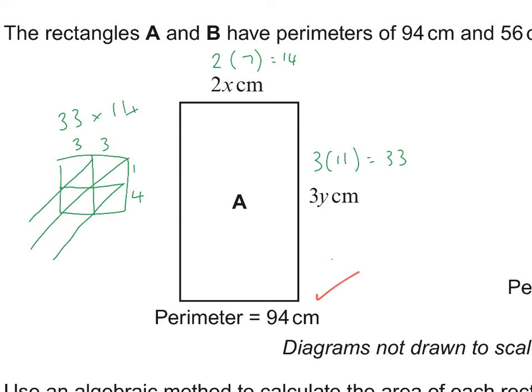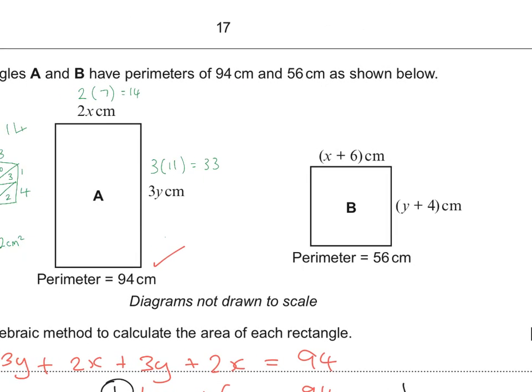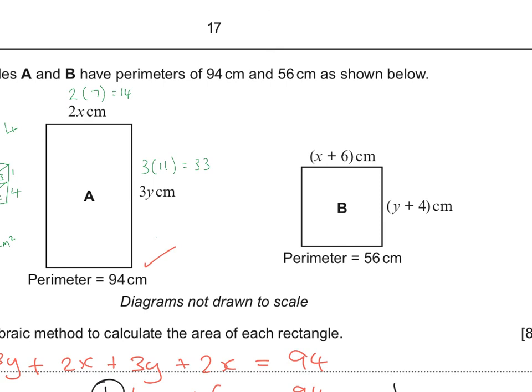So then 3 times 1 would be 3. So I write 0 up there, 3 down there. Then 12, then 3 again, and then 12 again. So I'm going to get 2, 6, 4. So the area of this one is 462 centimetres squared.